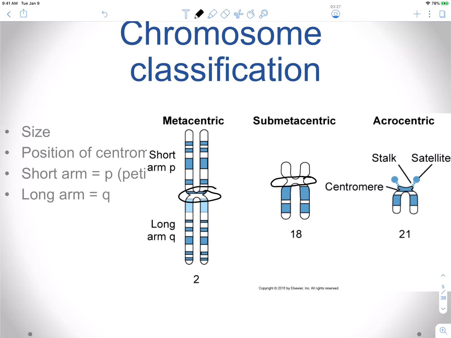One other thing about this: we have some nomenclature up here in this little box. You have pale staining or negative staining. We'll talk about the different staining patterns. The negative staining is going to be with Q and G banding staining techniques.